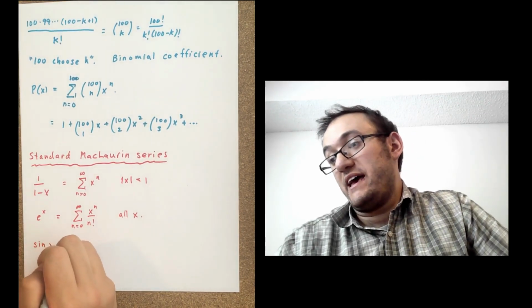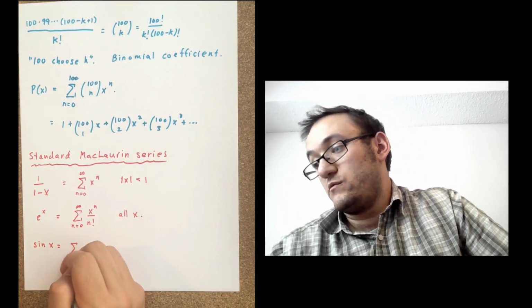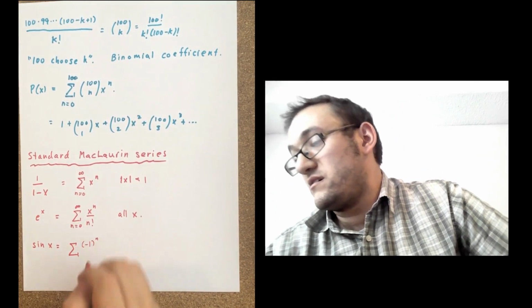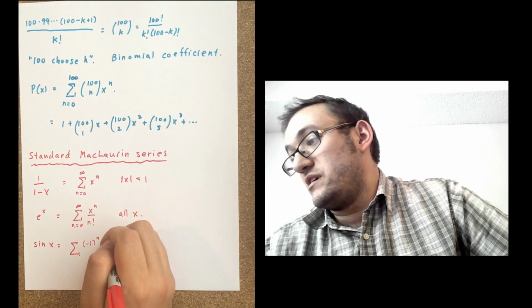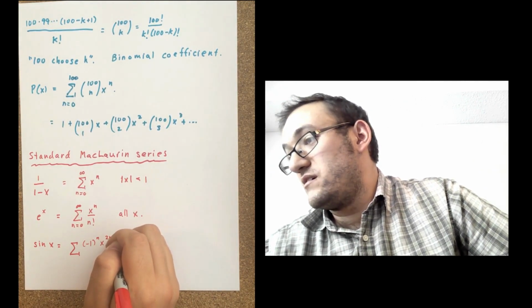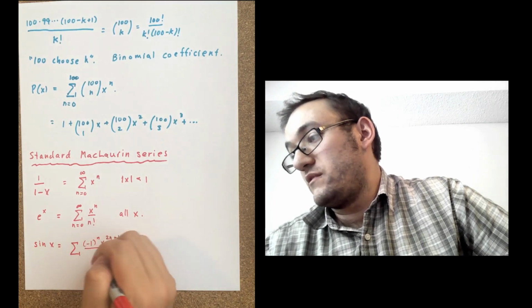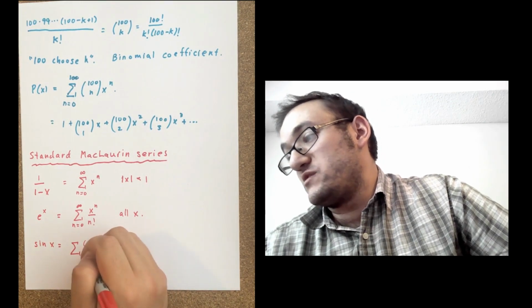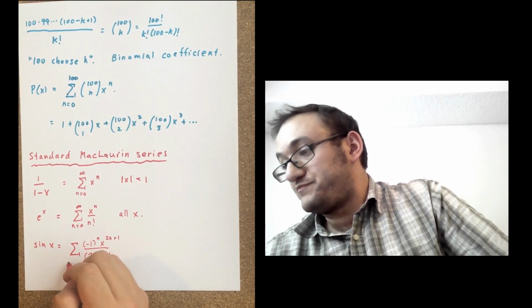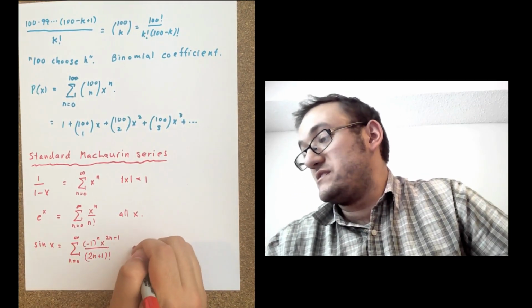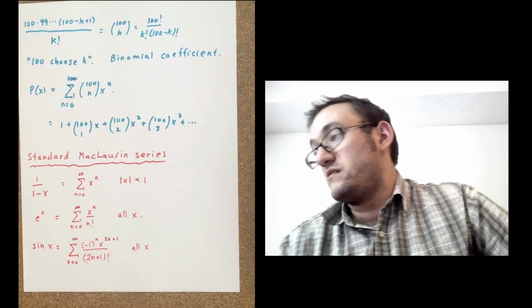For sine x, we're going to have minus 1 to the n, x to the 2n plus 1 divided by 2n plus 1 factorial, taking this from 0 to infinity, and this is true for all x.